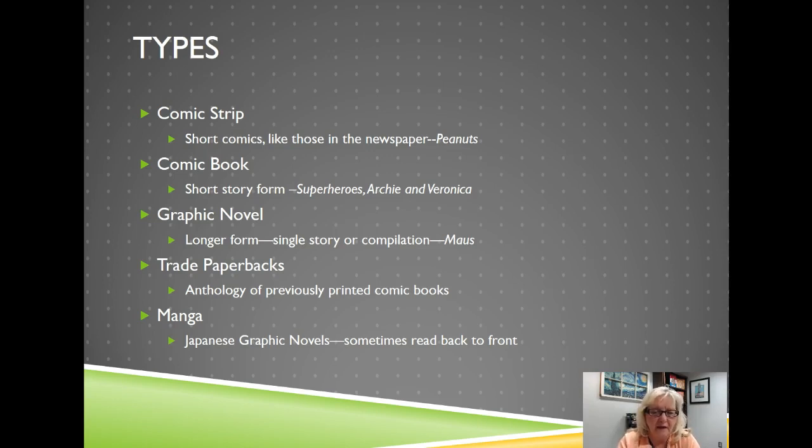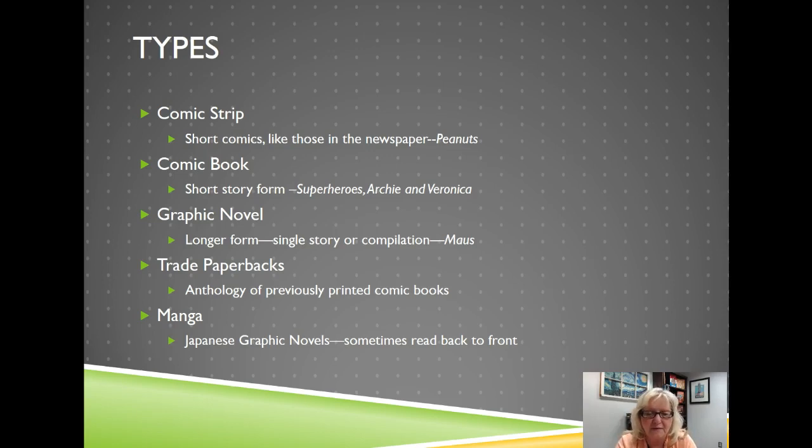Graphic novel is kind of the newer, so to speak, term for a long form comic book. It could be either a single story, like Maus, one of the early famous graphic novels, which is now many, many years ago, the 80s maybe, told by Art Spiegelman about his father as a Holocaust survivor. Or it could be a compilation, an arc of a series of comic books put together in graphic novel form.